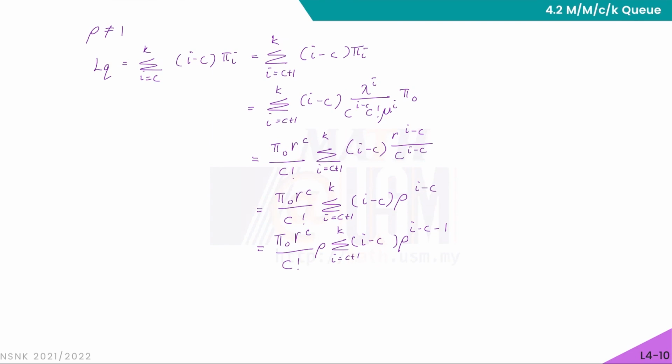We can further simplify the terms, pi naught r^c over c factorial times rho, starting from n equals 1 until K minus c. So we sort of subtract c terms, so that we start from 1 and go up until K minus c. So we're left with n rho to the power of n minus 1.